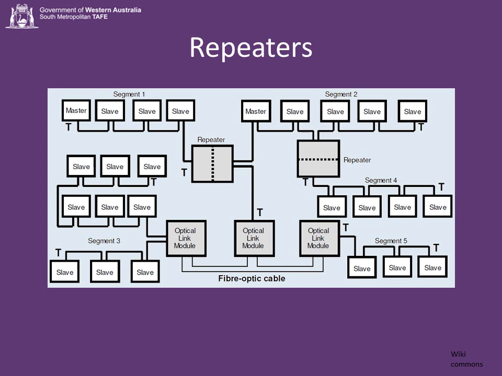So if it's getting interference or rubbish signals, it just boosts them up and sends a boosted interference signal down the line. The alternative to a repeater is what's called a router. What a router does is it gets signals in, and it will only send signals that make sense to the other side. And it will only send signals if the receiver is actually on the other side.